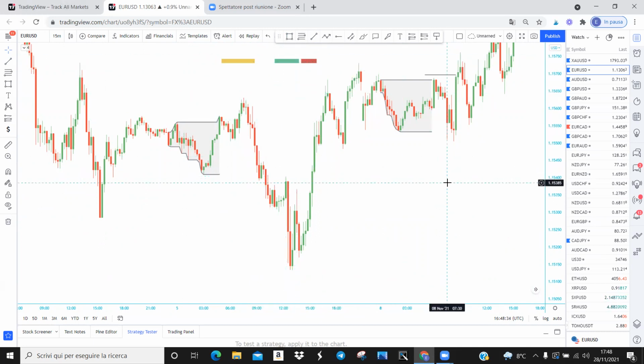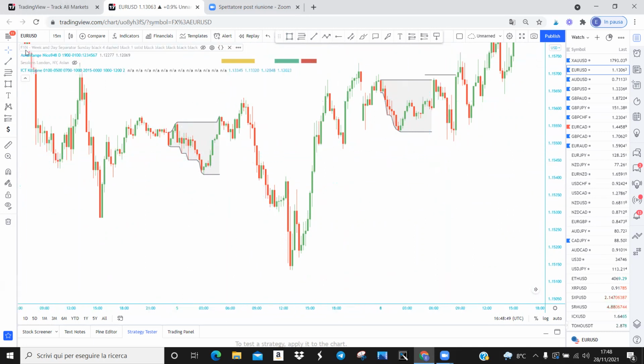And keep in mind that you will not use these concepts on JPY pairs, at least for my preference. If you backtest it and you understand something by looking at charts for JPY pairs, then I'm happy for you. But what I like to see using these concepts with the kill zones and the Asian range is mostly for Euro USD, AUD USD, GBP USD, GBP AUD, GBP CHF, Euro CAD, GBP CAD, and Euro AUD.